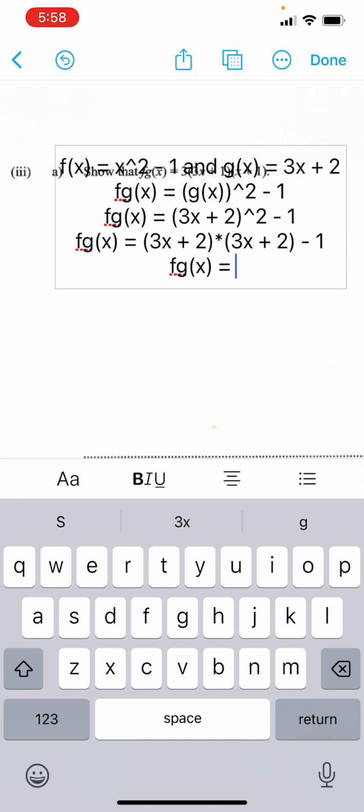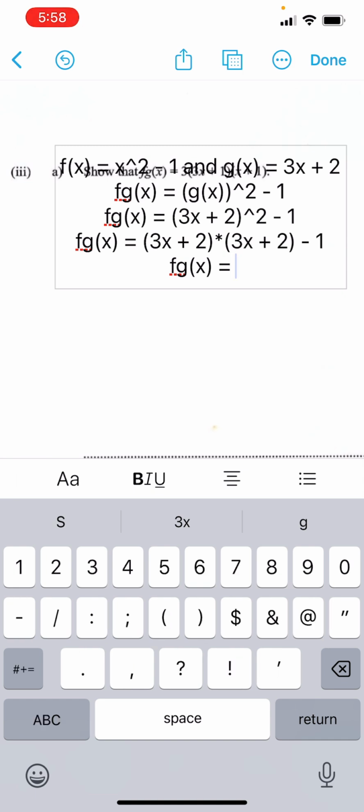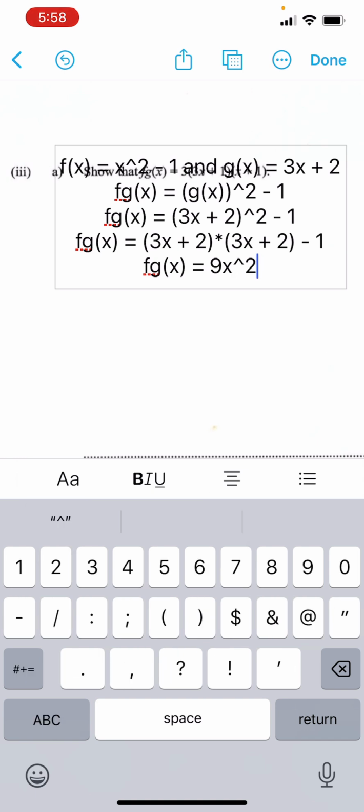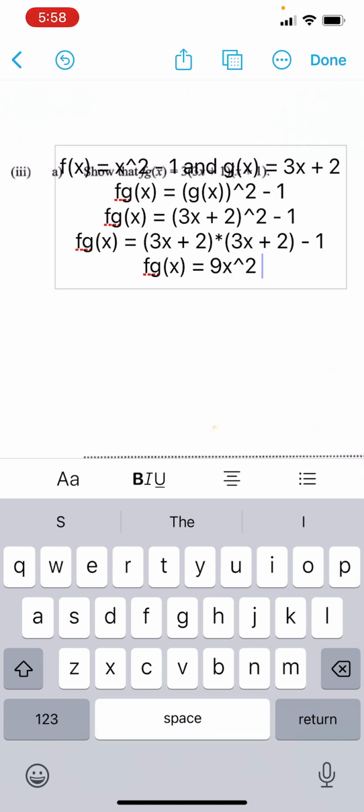Which is basically, we're going to multiply the first term in the first bracket times the first term in the second bracket, which is 3x times 3x, which is going to be 9x squared. Now we're going to multiply the first term of the first bracket with the second term of the second bracket, which is 3x times 2.